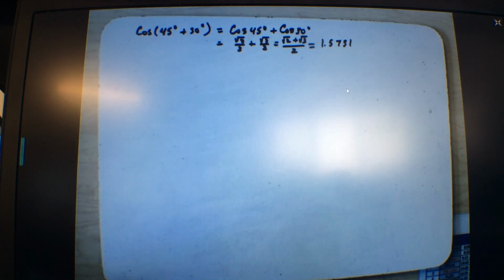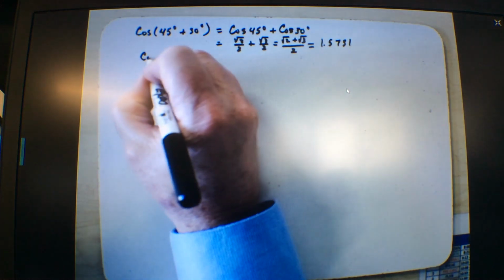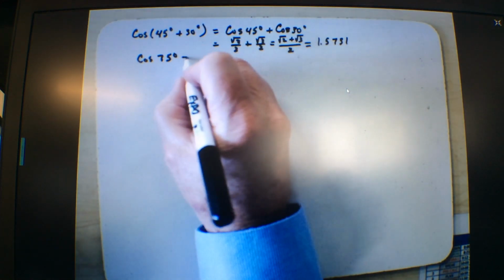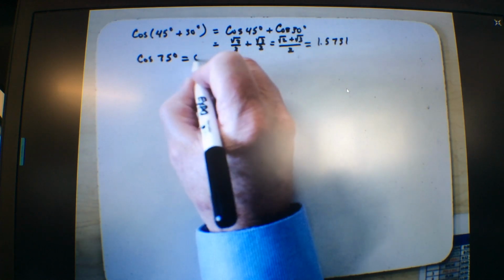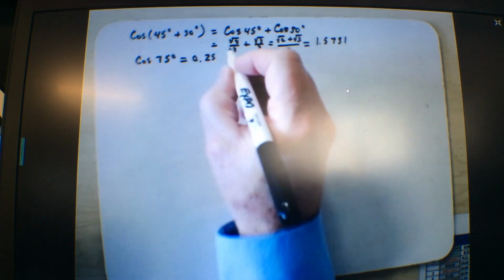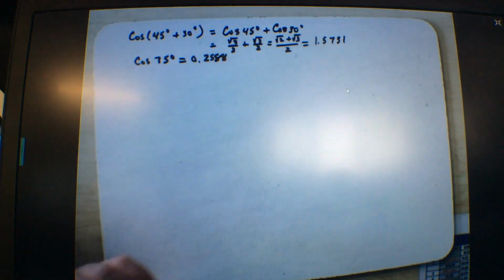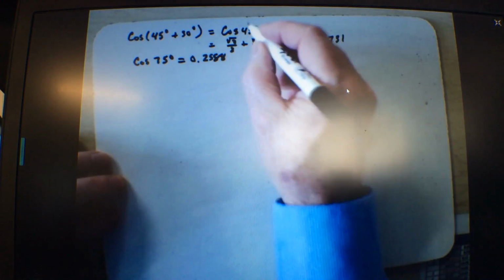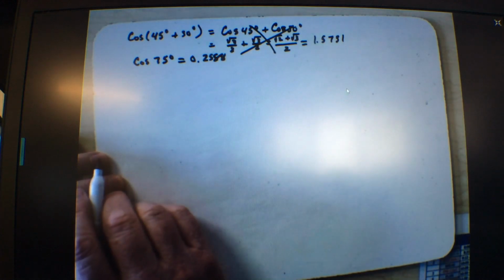The cosine of 75 degrees is 0.2588, right? Okay, so we have a problem, don't we? Does the distributive property work? No, it does not.